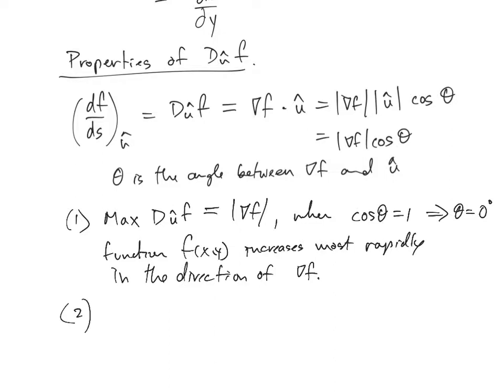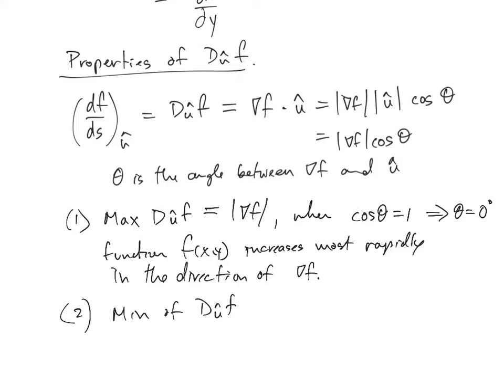Okay, what's the minimum value that the directional derivative can have? Careful. Negative, right? When cos of theta is equal to -1, that gives me my minimum directional derivative, or maximum negative slope, right?